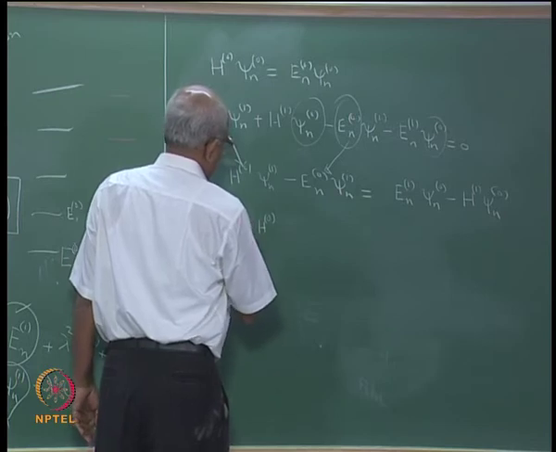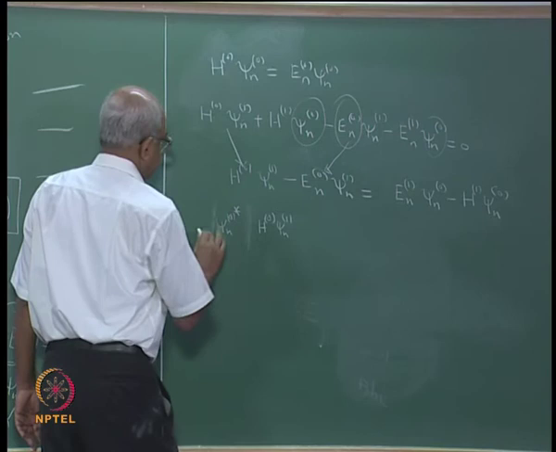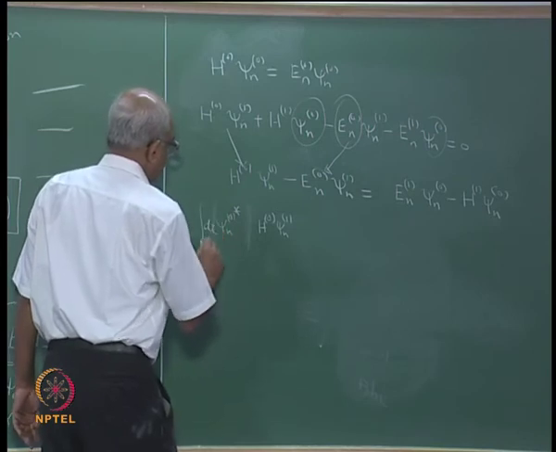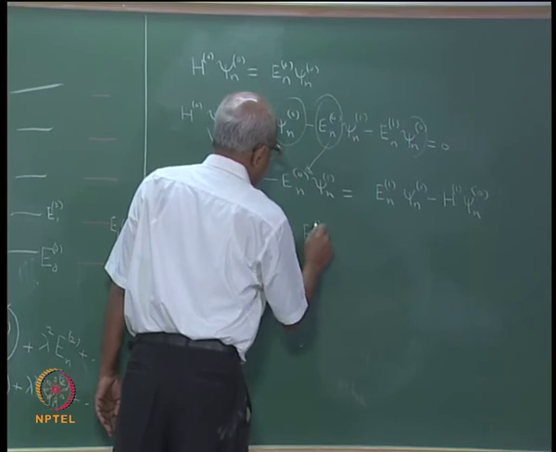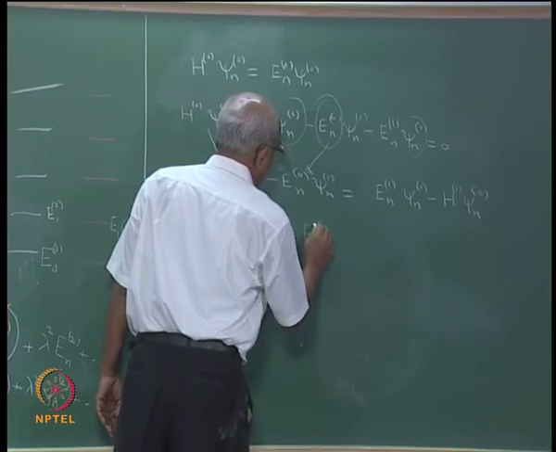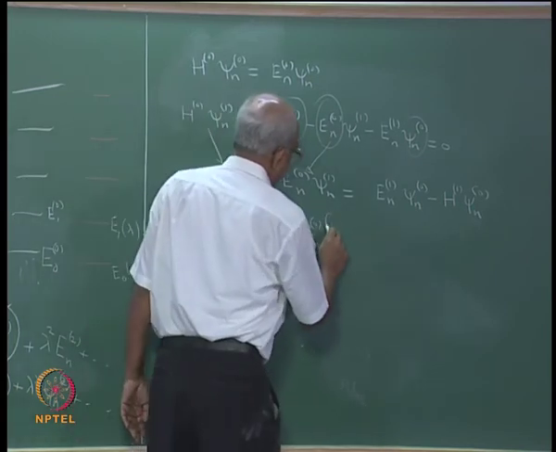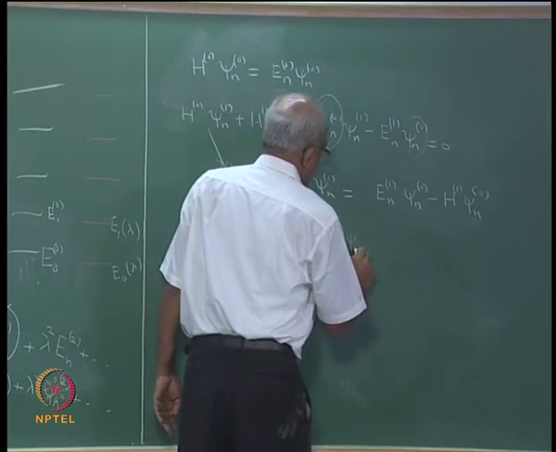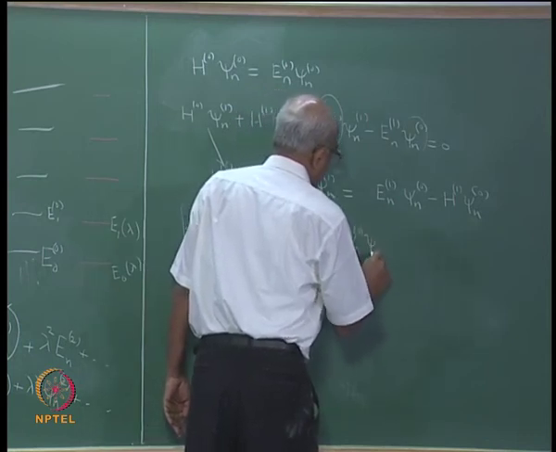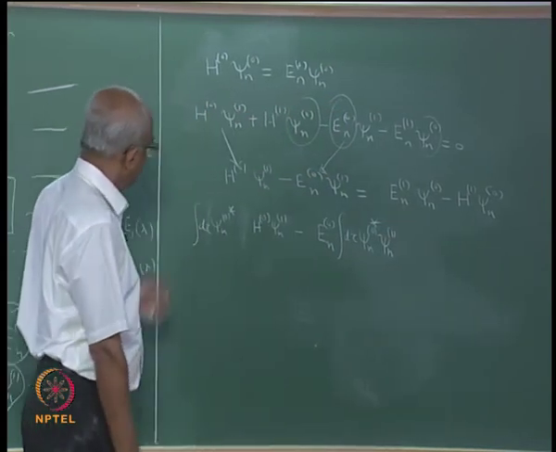Maybe I will write the terms separately: integral psi n 0 star H 0 psi n 1 d tau, that will be the first term, minus E n 0, remember E n 0 is a constant, so it is unaffected by the integral sign, integral d tau psi n 0 star psi n 1. That will be the second term.